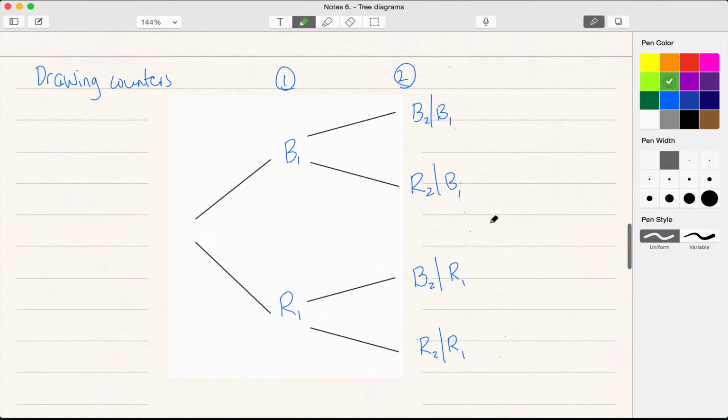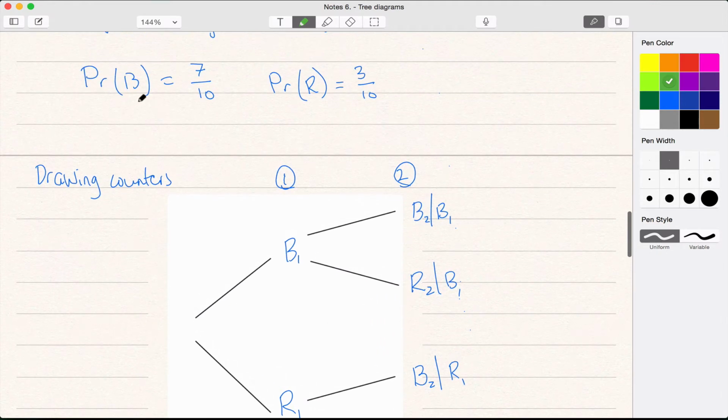Probabilities. We need to add in the probability of getting a black counter in the first selection. Black is 7 out of 10 and red is 3 out of 10. Okay, let's think about if we do select black the first time.